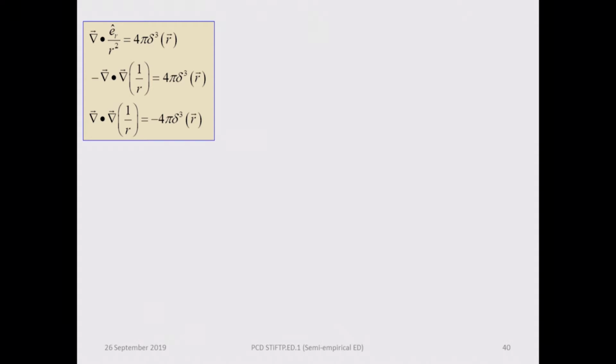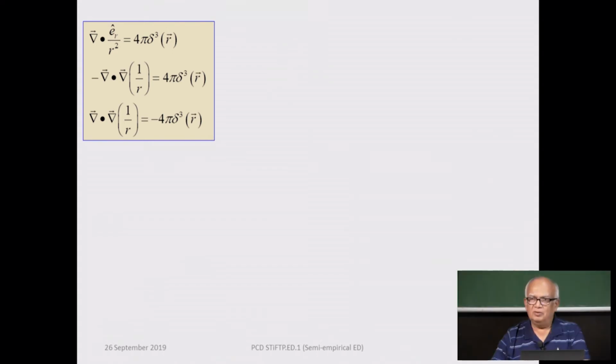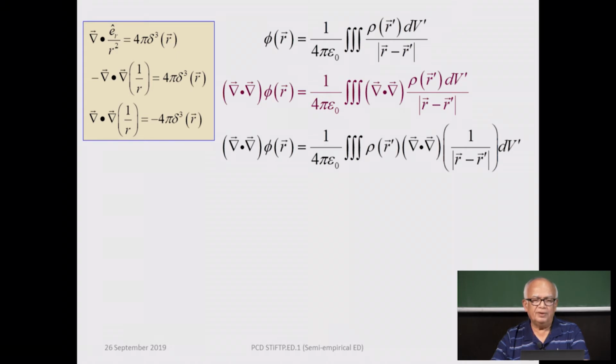So the important thing is to keep track of the Dirac delta in the Coulomb-Gauss law, because at r equal to 0 you have a singularity. And the potential you can write in terms of the Coulomb potential is just the sum of the potentials generated by different charges. But if these different charges are distributed continuously, then you have to carry out an integration. So this is the integration over the source region.